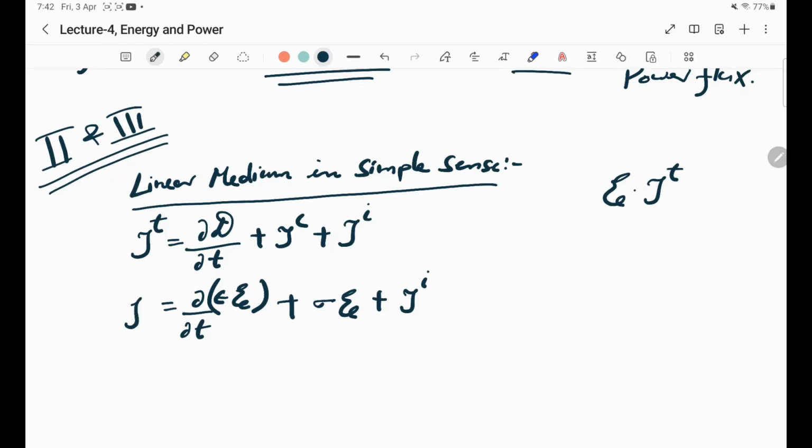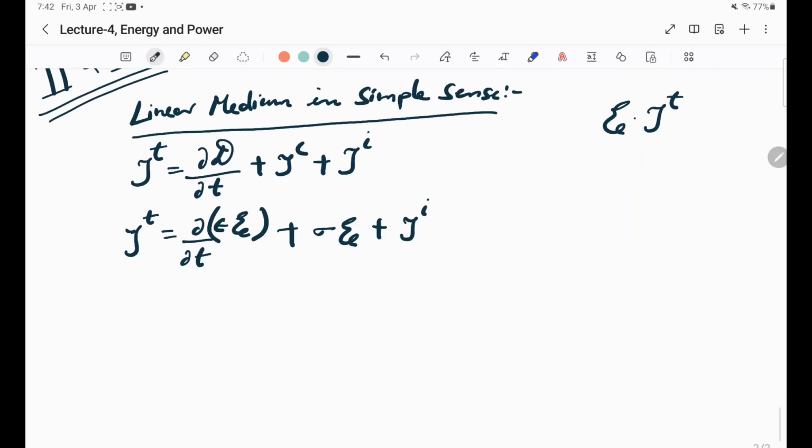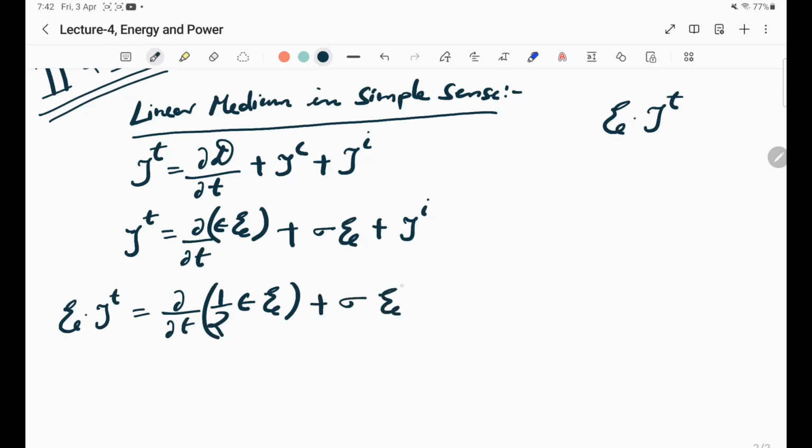If we multiply E with J total, we get E dot J total is equal to del by del t of half epsilon E squared plus sigma E squared plus E dot Ji. Now this half term comes because here we are dealing with the time derivatives.